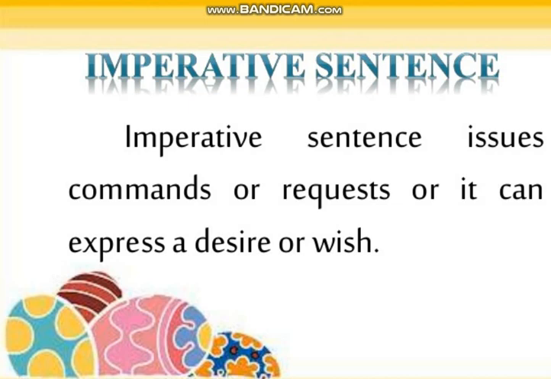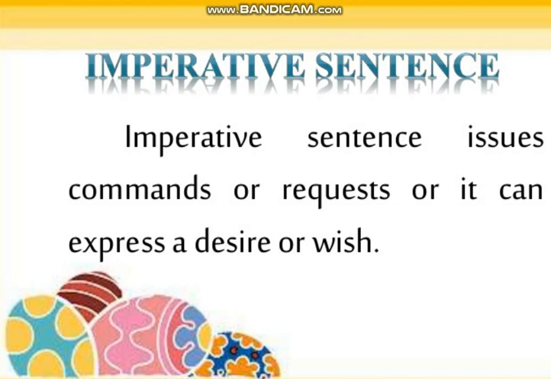Some linguists give a separate name to sentences in which we have a desire or wish, and that is optative sentences. You may come across such sentences, and maybe the name optative is given to them, but many linguists include them in the category of imperative sentences.